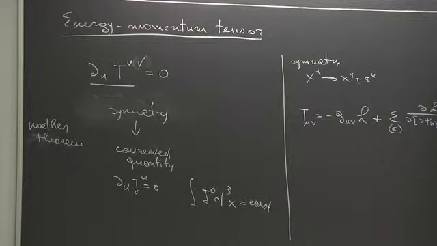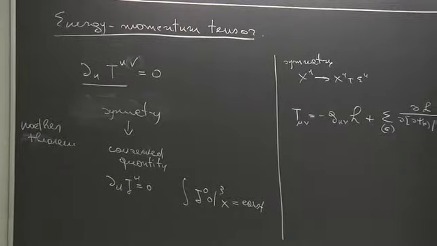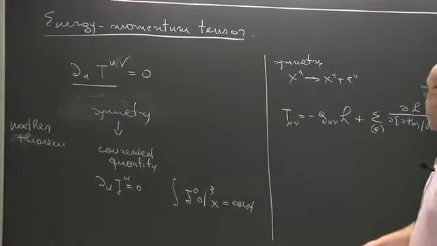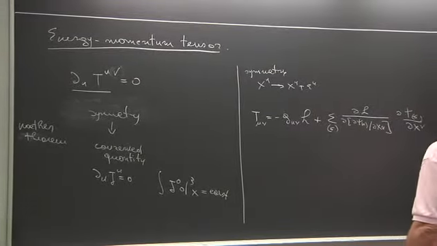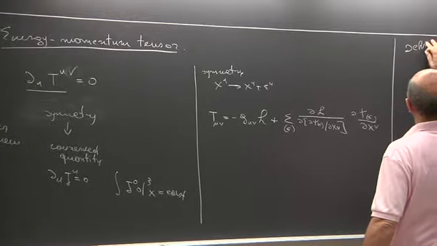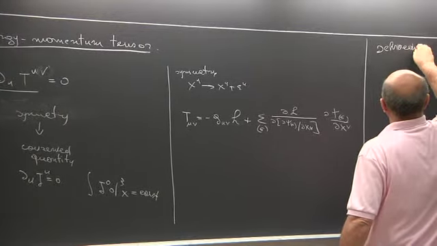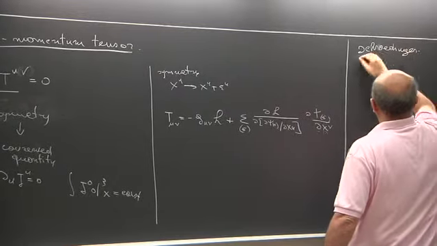Okay, now let's apply this to the Schrödinger case. That means we have first to find which is the field, looking at the wave function.